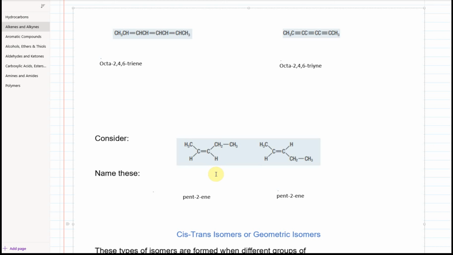So the thing about these is you need a different way of indicating them from one another. And the way that we actually do this is we draw a line through the double bond in a central way through the axis of the double bond, like this, right across here.